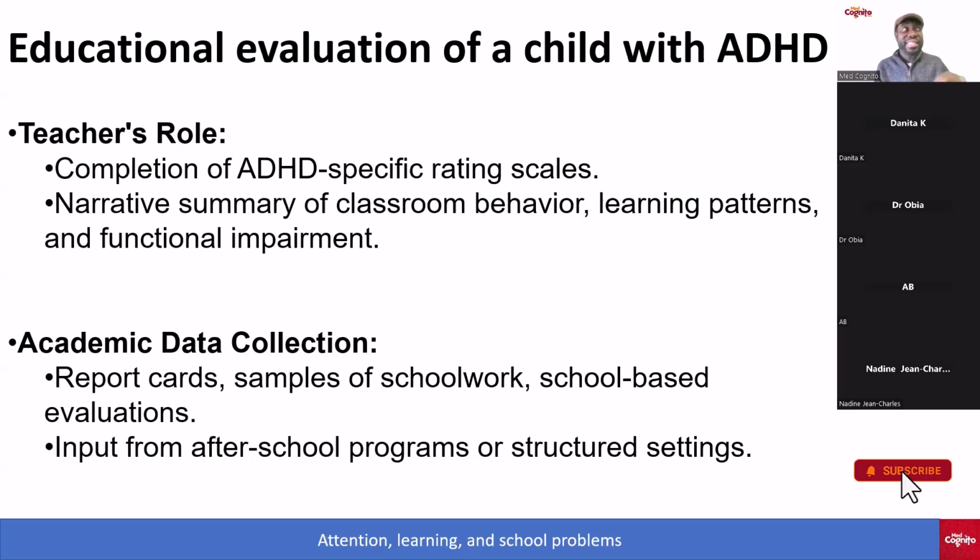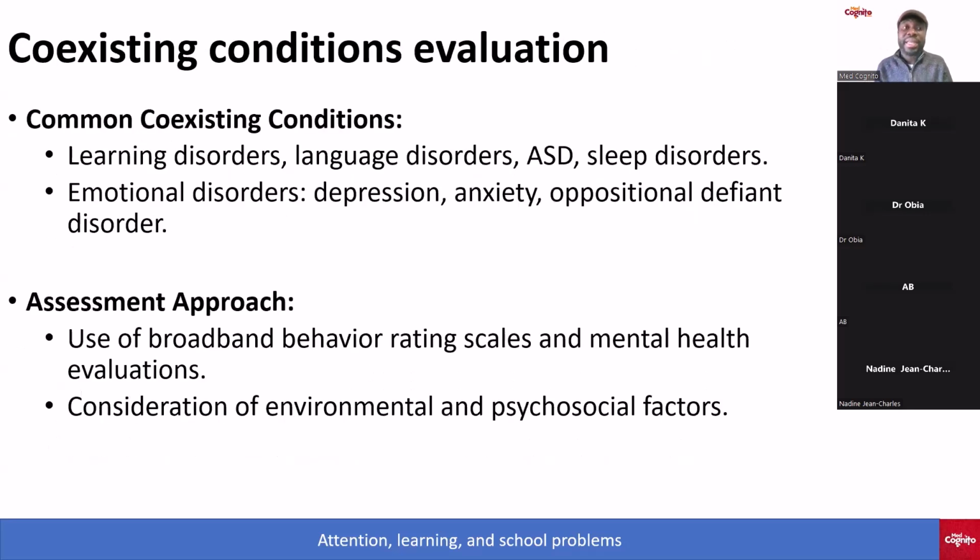Because it could be that there are some social factors in those environments which are causing the child to behave the way they are behaving. So you want to take history from both the house and the school, because it could be that the child feels safer in school. So while the parents are saying the child is impulsive and all those things, the teacher is giving a totally different report. And that's why you don't want to use just one setting to make that diagnosis.